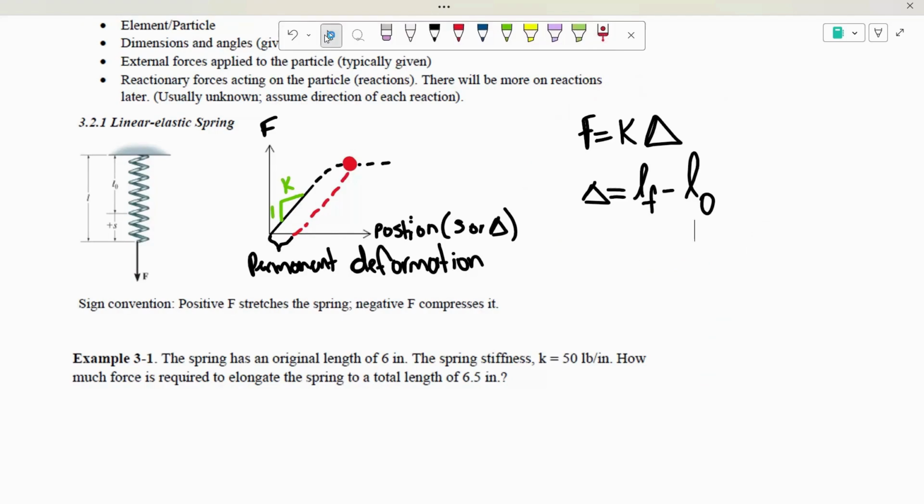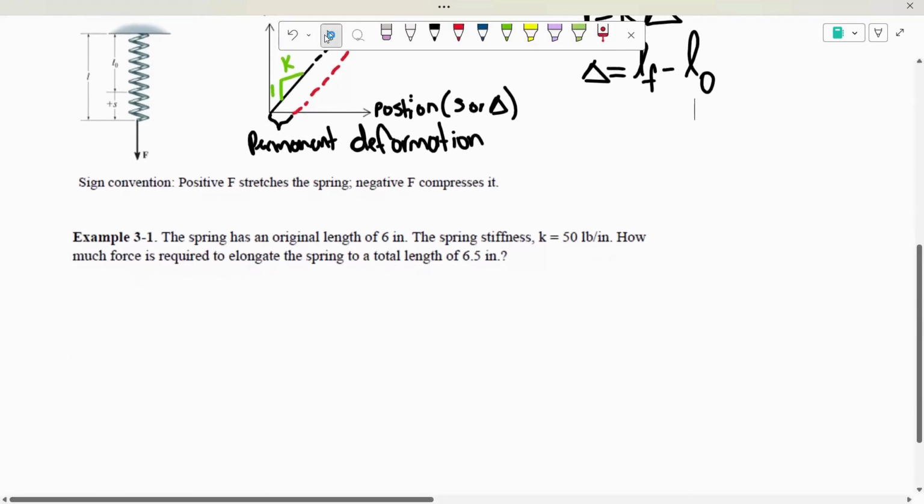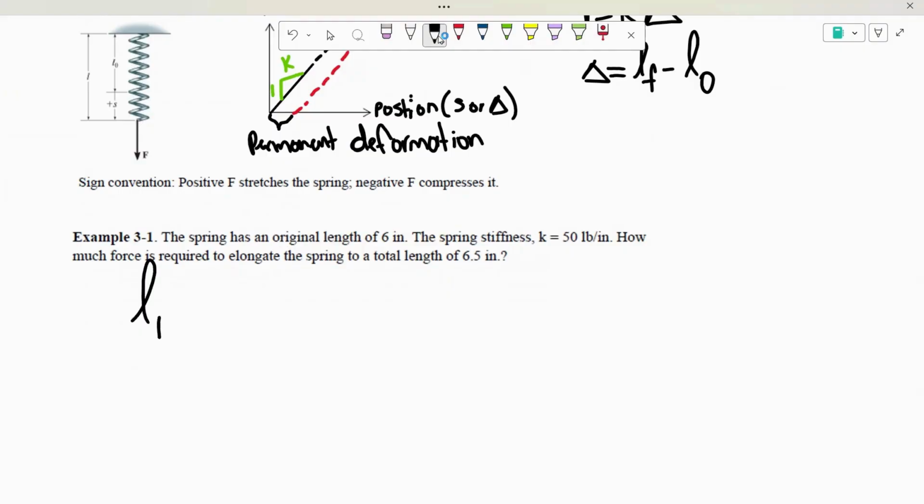What I like doing first is highlighting or writing out the things that were already given to us. We have here that the original length of the spring was 6 inches. So I like writing that out: the original length, L of O, was 6 inches.